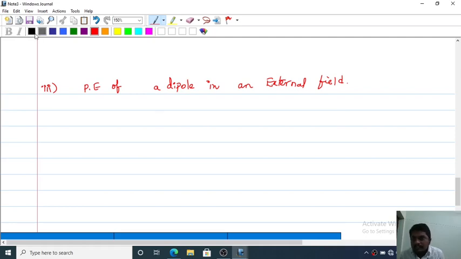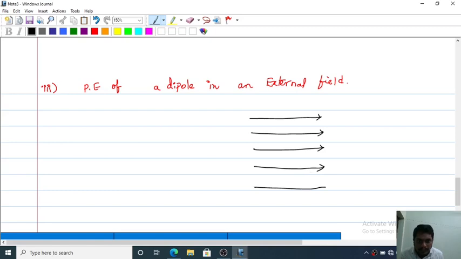So let us represent the external field. This is a uniform external field where I want to bring a dipole. This is the direction of the external electric field.